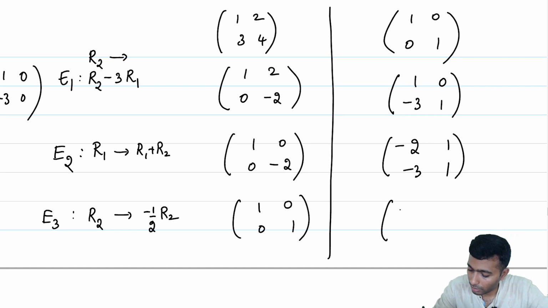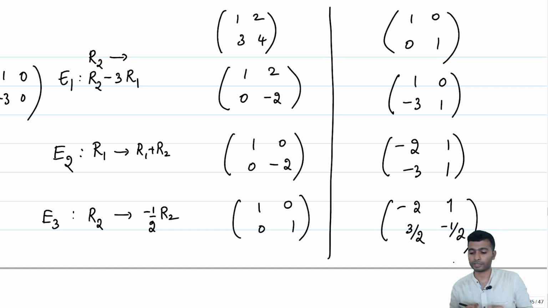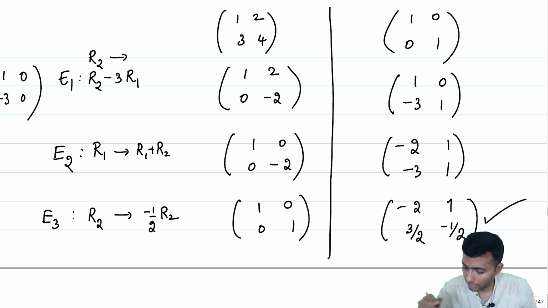And here it will be minus 2 1, the second row is multiplied by minus 1 by 2 to get 3 by 2, and here that will be minus 1 by 2. So, yes, this is the candidate for the inverse of 1 2 3 4, and it is a simple check for you to see that this is indeed the inverse.